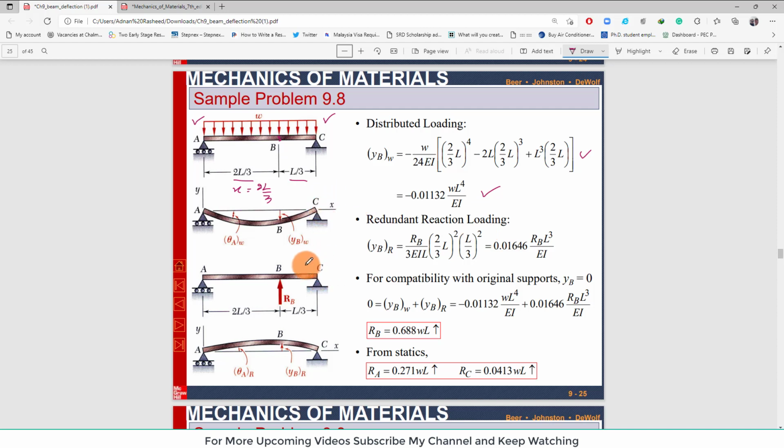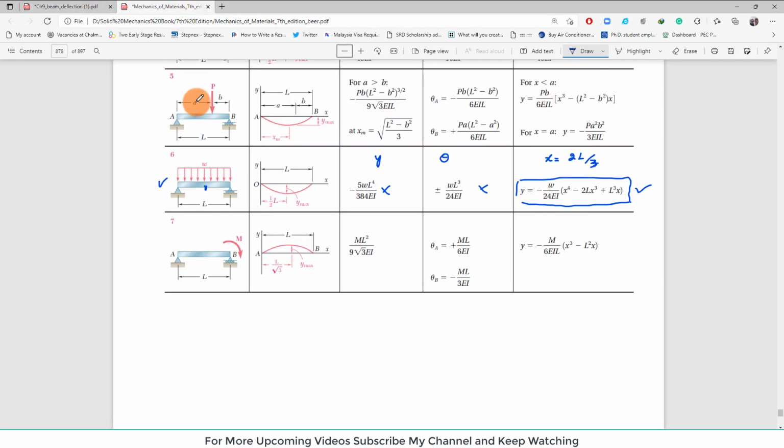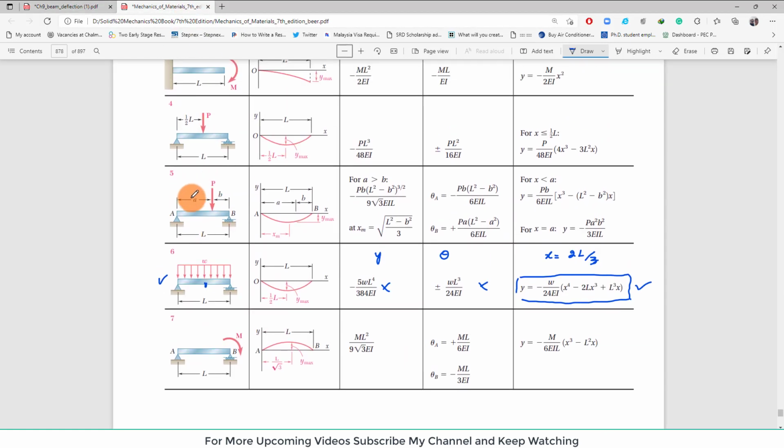Okay, now loading 2, which is this one. So if again you look at the table, we have the loading that is available here, that is case number 5. We cannot apply case number 4 because the concentrated load is acting at the middle.